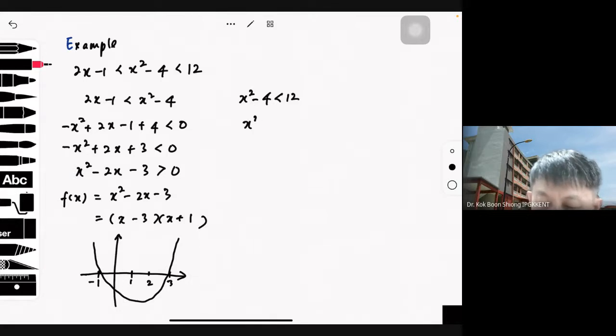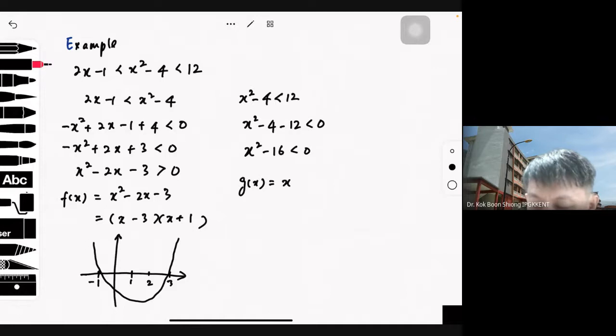x squared minus 4 minus 12 smaller than 0. So x squared minus 16 smaller than 0. Let's say we define this one as g(x), the second function, x squared minus 16. What are the factors for this?